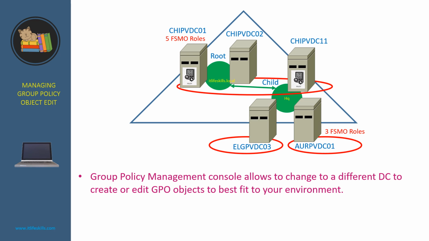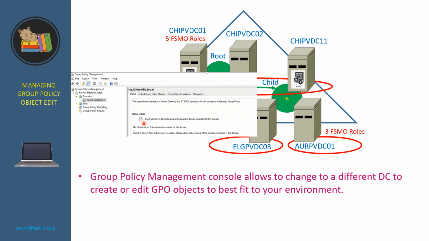As you can see with the current configurations, it may take up to 6 hours for a new policy or a change in an existing policy to take effect on LHPVDC03. To solve this issue, we either have to move the PDC emulator role to LHPVDC03 or switch to LHPVDC03 in the Group Policy Management Console to create or edit group policies.